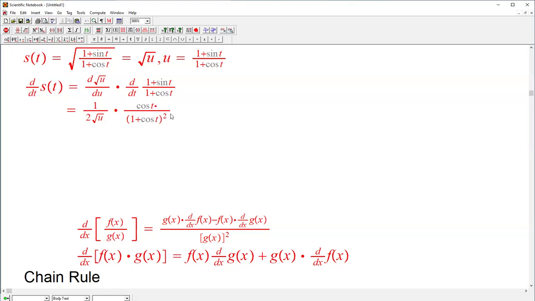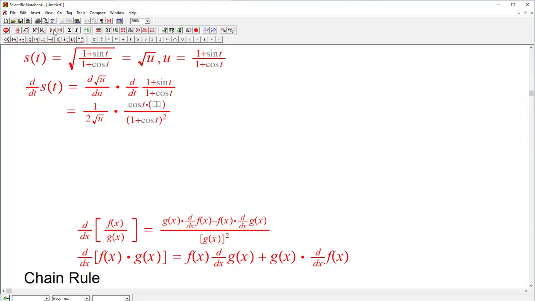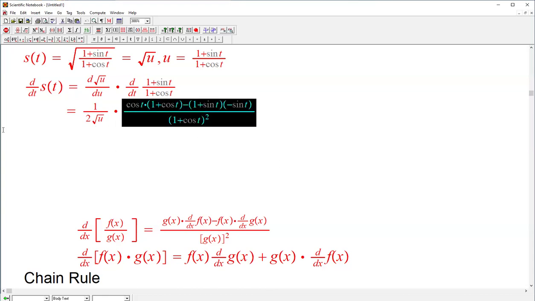Multiply the denominator, which is 1 plus cosine t, right? Subtracting, now this time the numerator is copied, and the denominator will be differentiated, which is going to give us the derivative of 1 is 0, the derivative of cosine t is negative sine t. And here we go, we've done the quotient part.